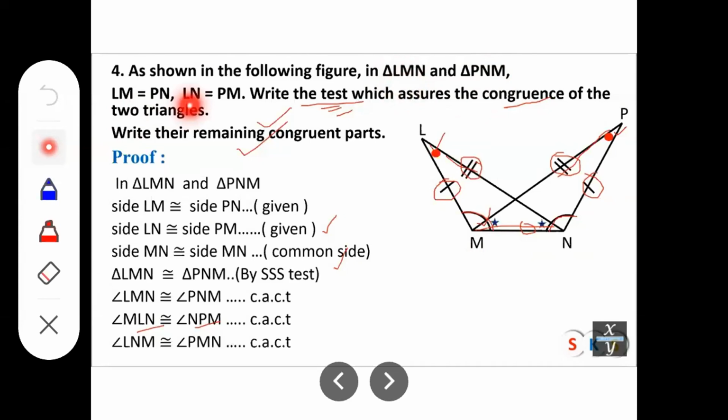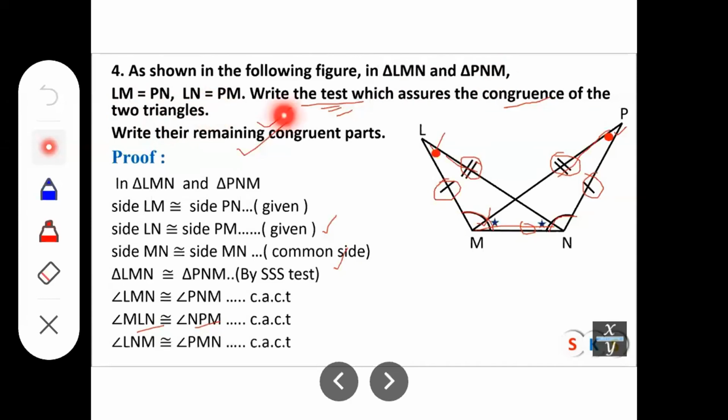Side LN, the first and last vertices, LN equal to PM. This way you can also write the segments. It doesn't need a diagram. If triangles are given as congruent or similar, then you can write the congruency of segments and angles also.